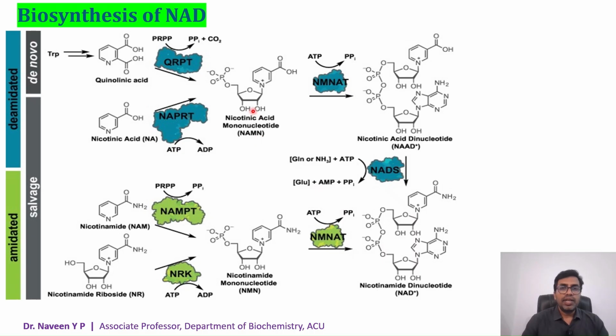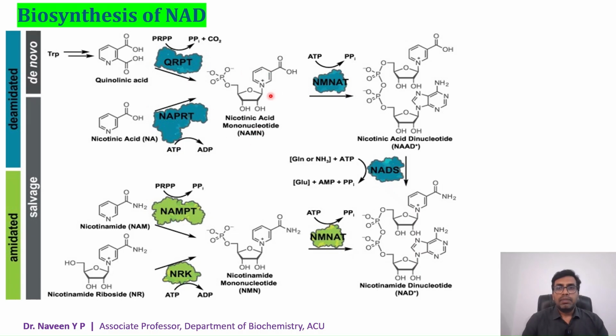Now, this nicotinic acid mononucleotide first has to be added with an adenine group to convert it into NAD, and this COOH group also needs to be converted into CONH2, then only can it become NAD.